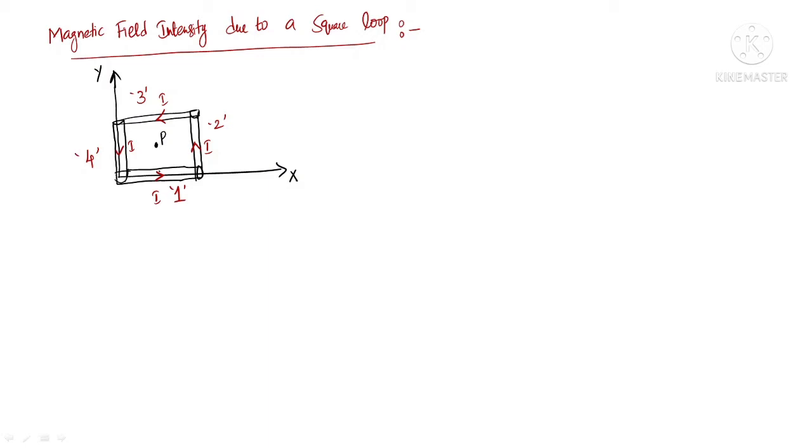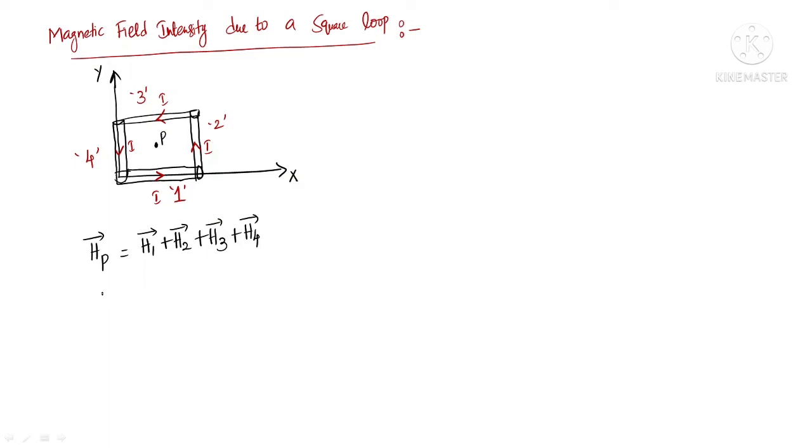Here also, the field intensity at the point P, let us assume as H suffix P bar, is given by the summation of the field intensity due to side 1, side 2, side 3 as well as side 4.